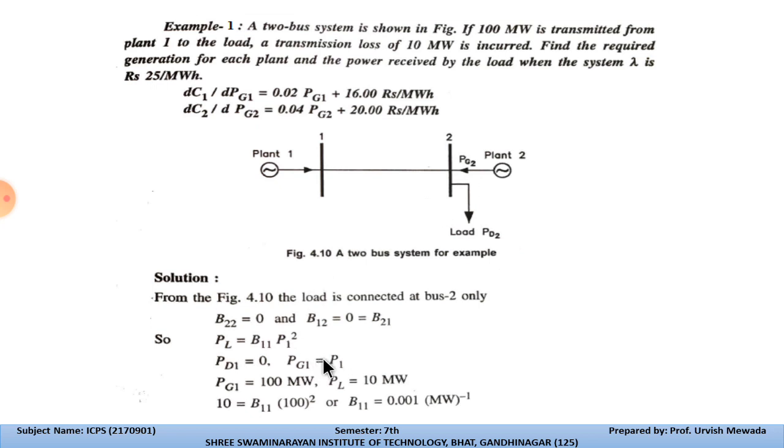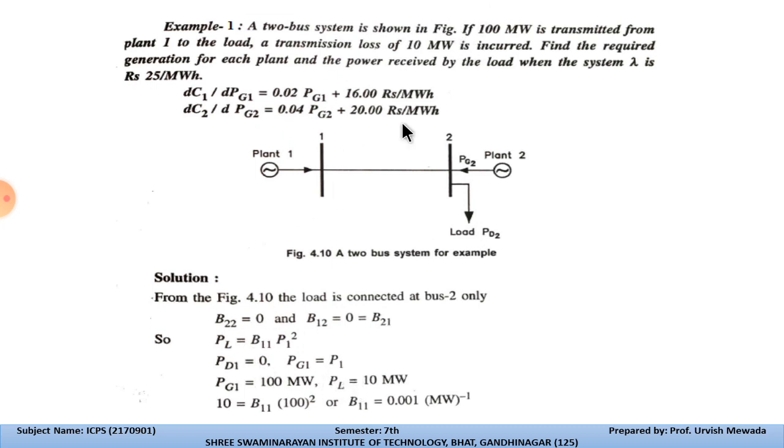From the diagram we can say that the load is connected at bus number 2, so we can write B22 is equal to 0, and B12 is equal to 0 is equal to B21, so there are no transmission losses related to it; that's why we consider only bus number 1. So we can write PL is equal to B11 P1 square, where PD1 is equal to 0 because the power delivered at 1 is 0, and PG1 is equal to P1, which is given as 100 megawatt.